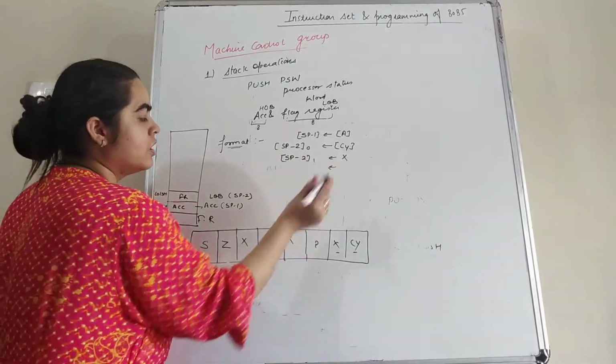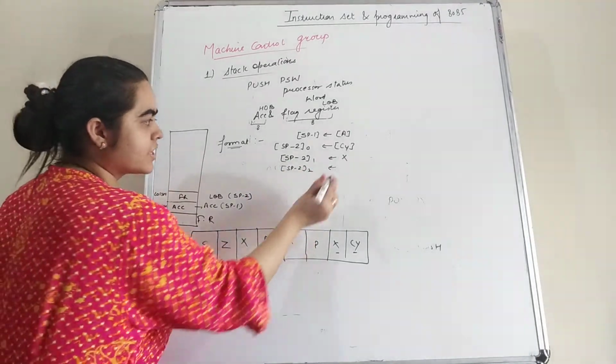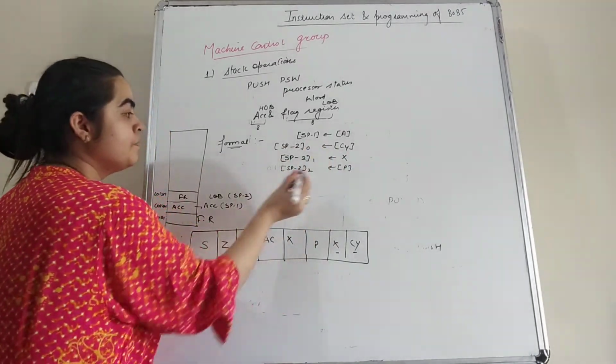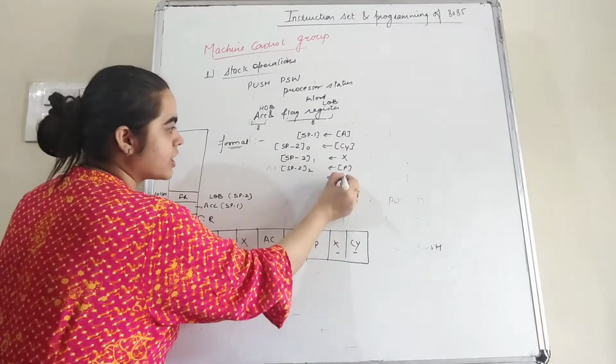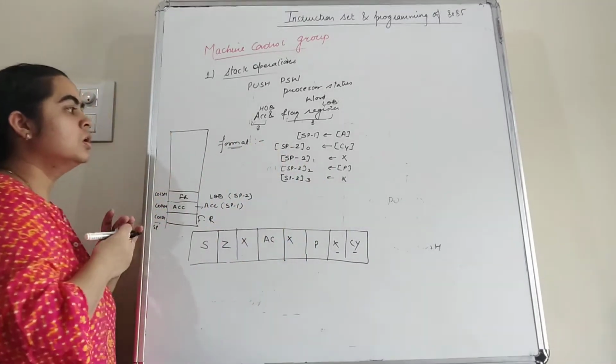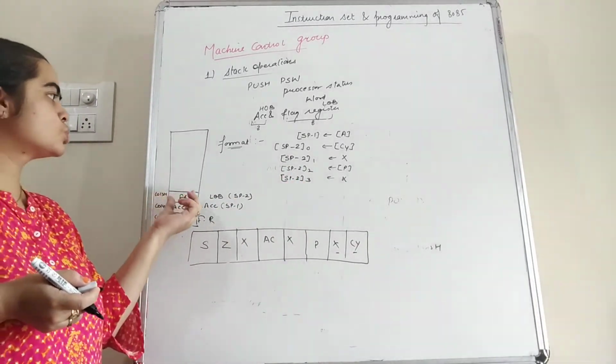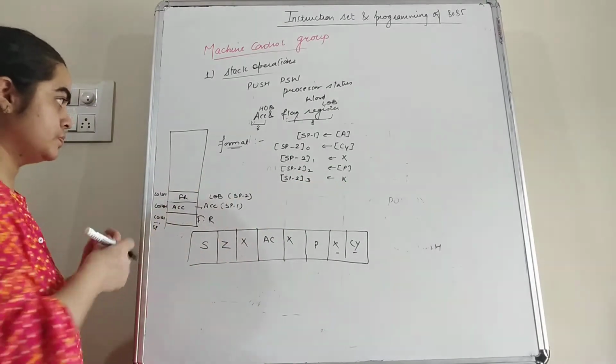Next position we have SP minus 2 of 2, where we send the value of parity. After this we send again the undefined at location SP minus 2, 3. So the fourth bit is the undefined value.